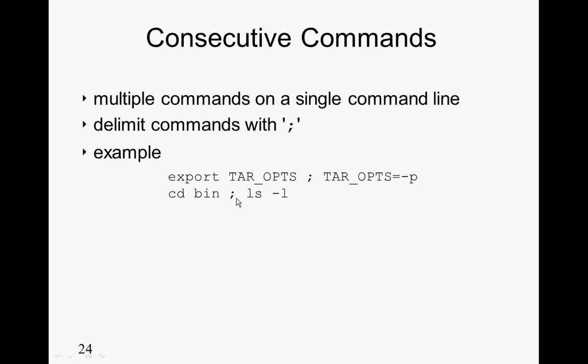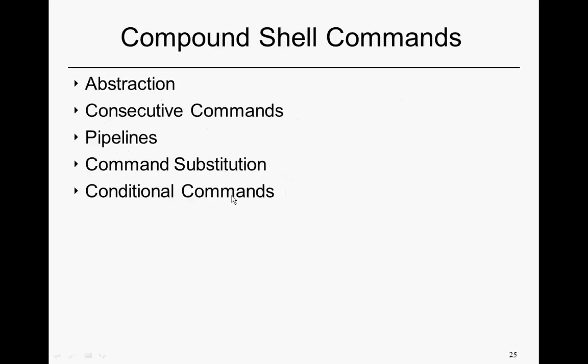Here we're entering a directory, doing an ls there. An even more compelling case will be something like where we do a pushd. We enter this directory, we do an ls, and then we do a popd, so we come back to where we were originally. Nothing has changed as a result, except the ls is run, and presumably we put the results in a file. So you could string things together in a single command line by separating them with a semicolon.